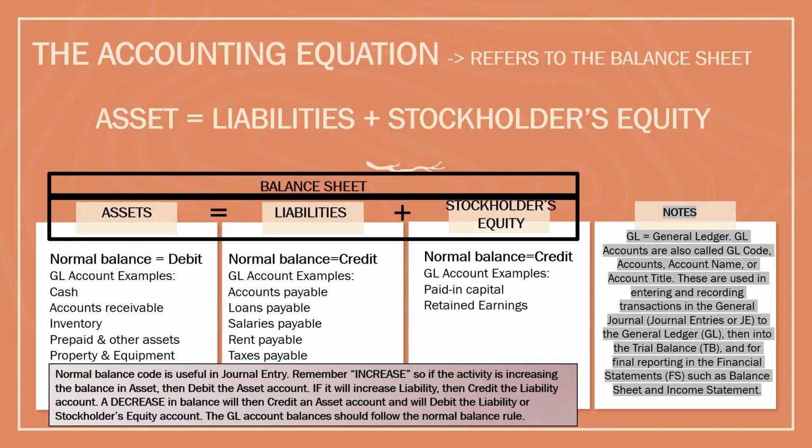Again, the normal balance for stockholders' equity, such as your paid-in capital or retained earnings, is a credit. So if you keep on generating net income year over year, the balance in your retained earnings is going to be a surplus, which is going to be a credit balance.